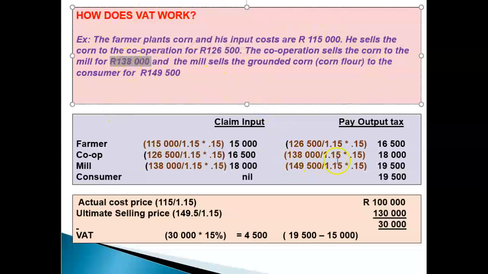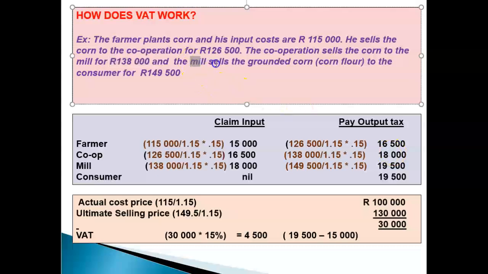Well, it's 138,000 divided by 1.15 times 15%. That equals 18,000 Rand. So the co-op has to pay output tax of 18,000, but they can claim input tax of 16,500. So again, what is the net amount they are going to pay the receiver of revenue?